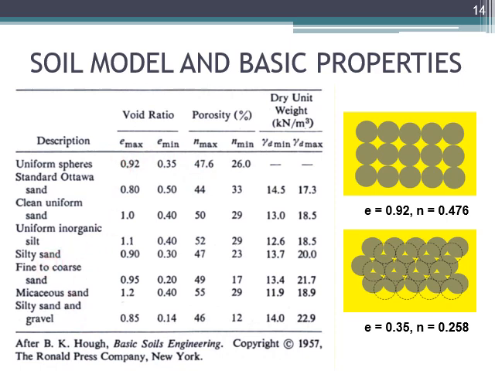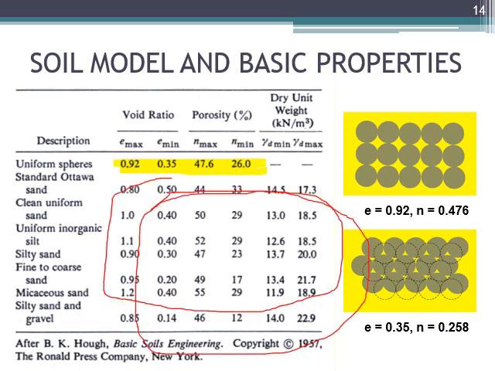The theoretical ones are given here, while the other ones that you see here are the real ones. So, for instance, for sands, the minimum that you could find here is 0.2 for fine to coarse sand in this table, and the maximum was like 1.2.